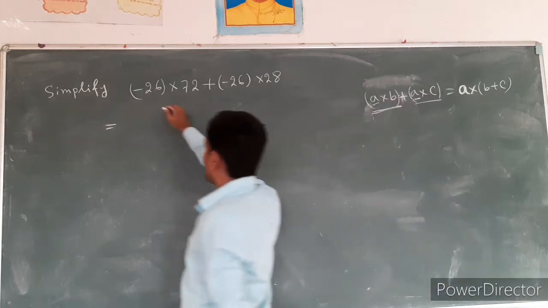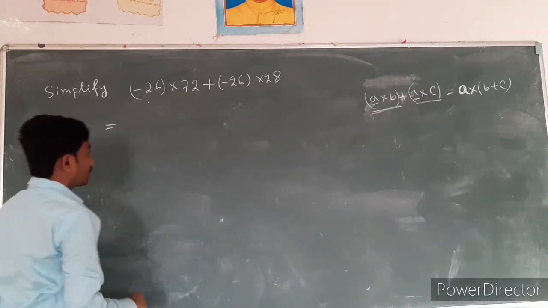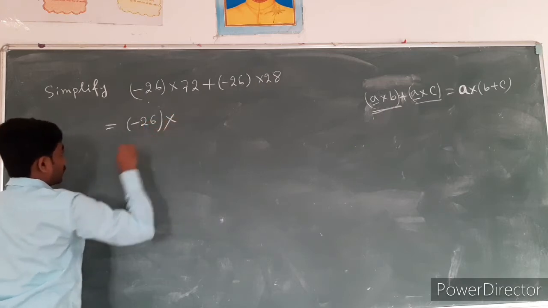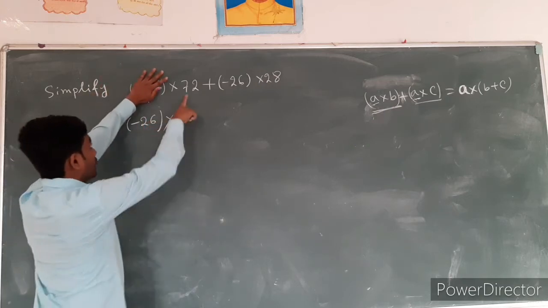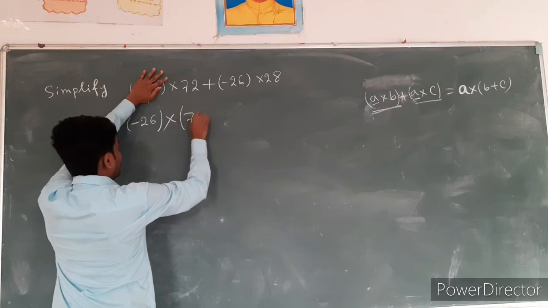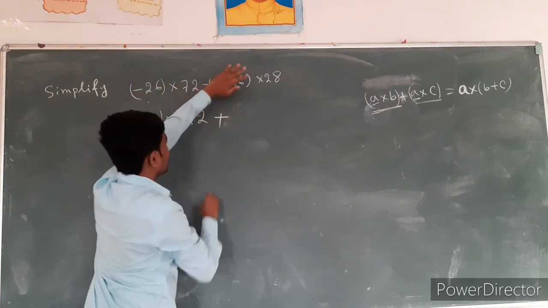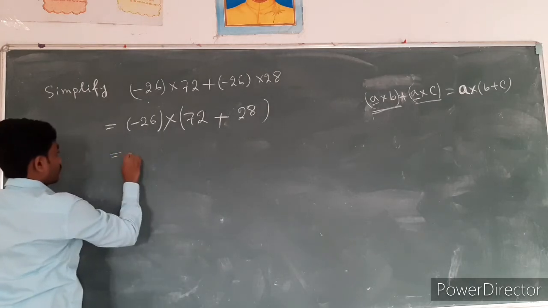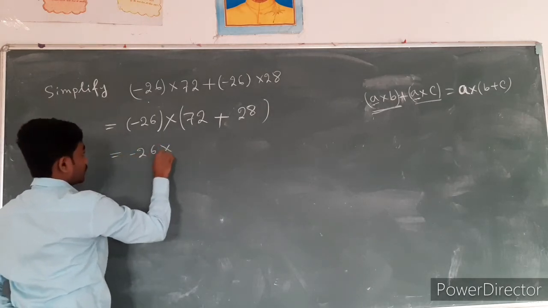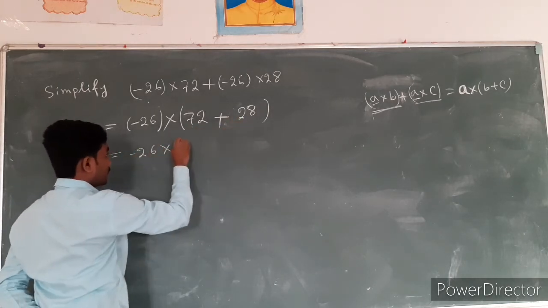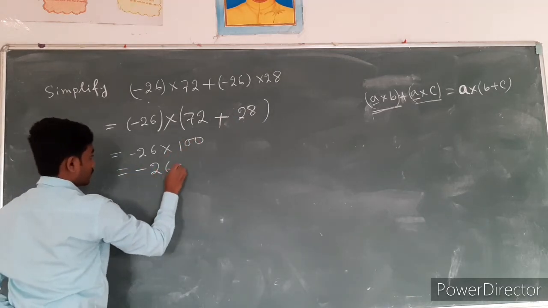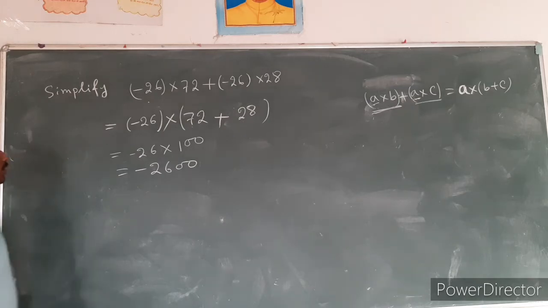So here minus 26 is common, so minus 26 into (72 plus 28). So minus 26 into 100, so minus 2600.